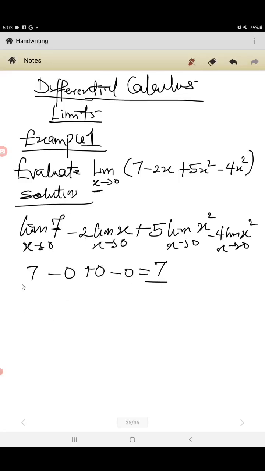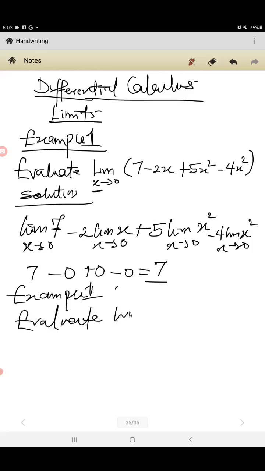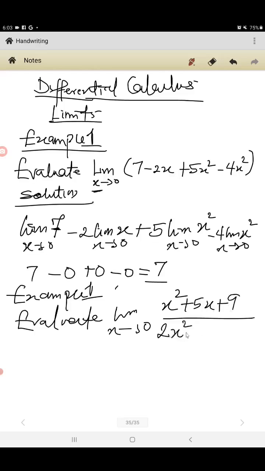Let's have another example, example 2. Under the limit, evaluate the limit as x tends to 0 of x squared plus 5x plus 9 all over 2x squared minus 3x plus 15.